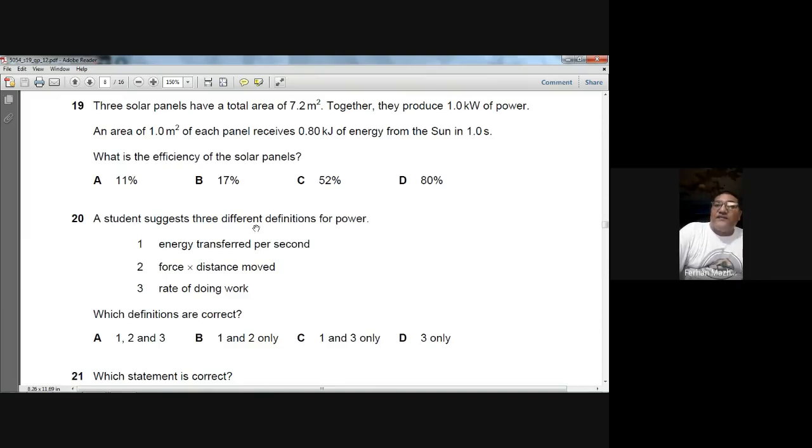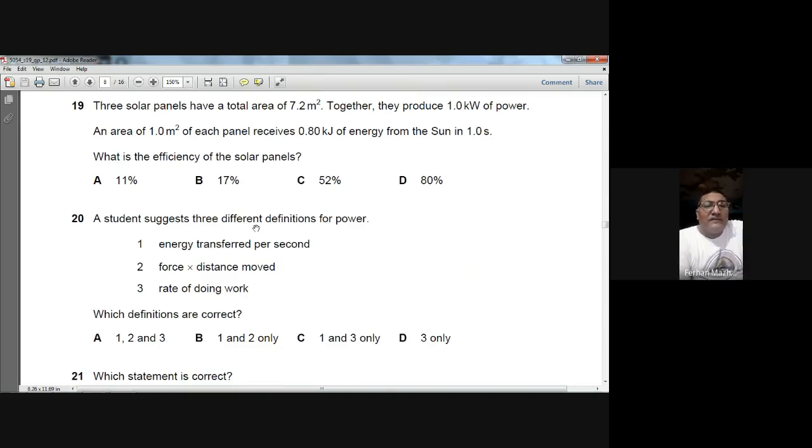So I can calculate from here the input power also. 1 meter square area is getting 0.80 kilojoules. So 7.2 meter square area will get how much energy? You multiply 0.80 kilojoules with 7.2, and divide by time to convert it to power. So 0.80 kilojoules multiply 7.2 meter square divided by 1 second. The answer will be 5.76 kilowatt.